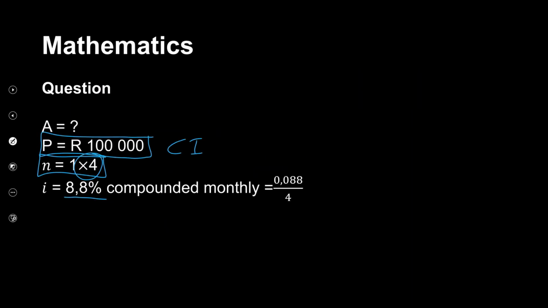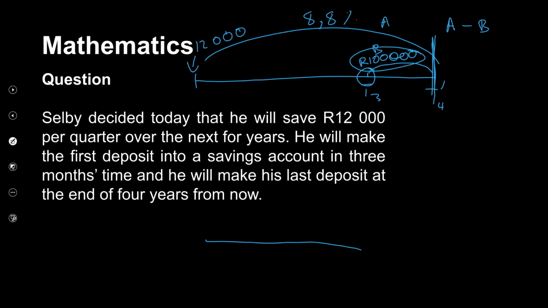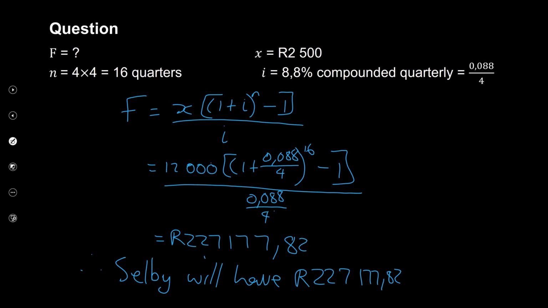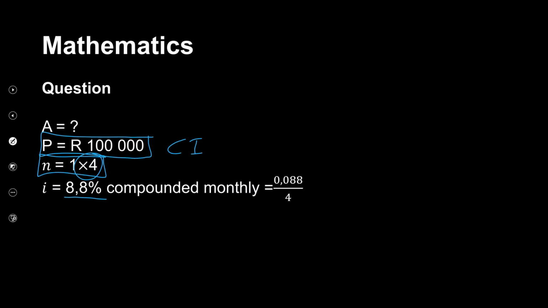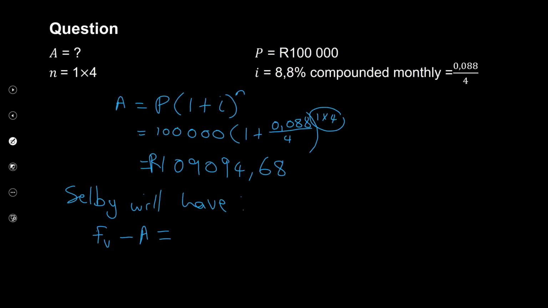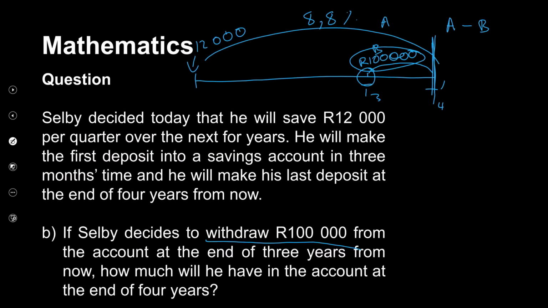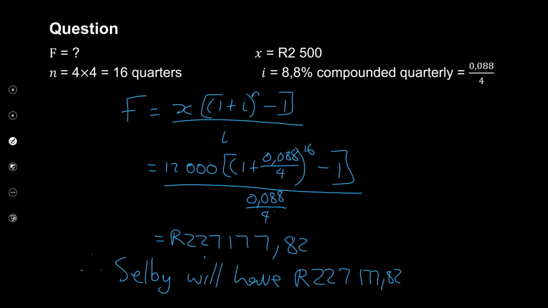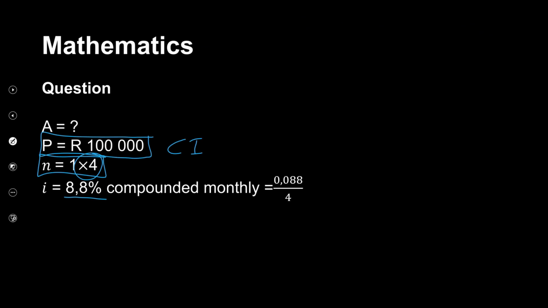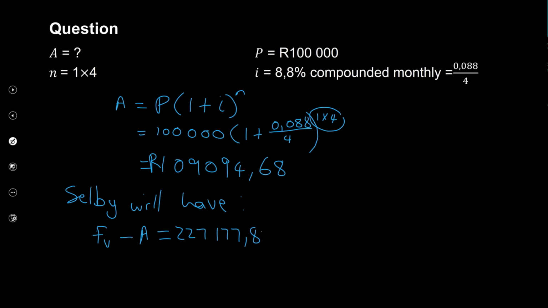So let's quickly go back and write down what value we got for the future value. It was 227,177.82.